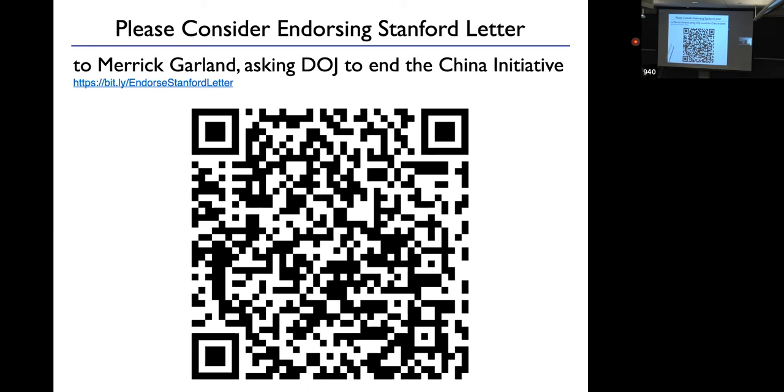So a bunch of faculty at Stanford put together a letter to Merrick Garland asking him to end the China Initiative. Actually, recently, 20% of the faculty at Princeton signed on to that letter. It's open to all faculty and staff now. I'm sorry, not students and postdocs yet, but faculty and staff. So I urge you to think about signing this letter.